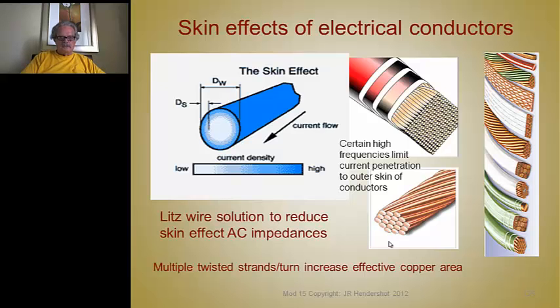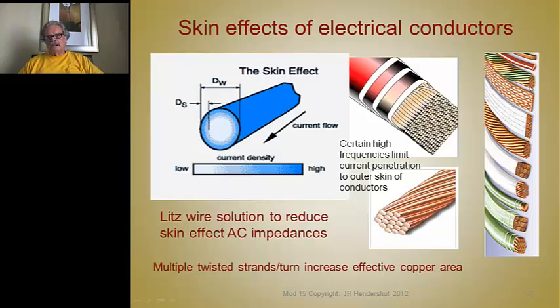This is what skin effect is all about. It seems that at high frequencies there's a skin depth here, and the current tends to concentrate. The current density is highest around the outside. So the way to solve that problem is to use Litz wire, which consists of a bunch of strands. In the cross section of this, each one of these equals a solid wire.